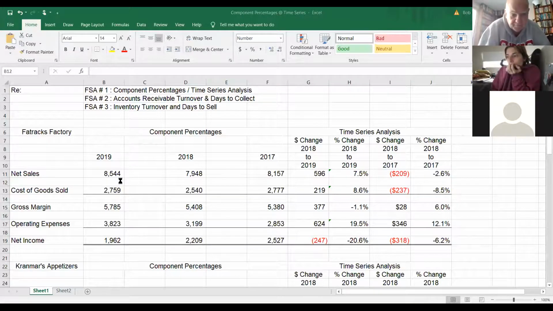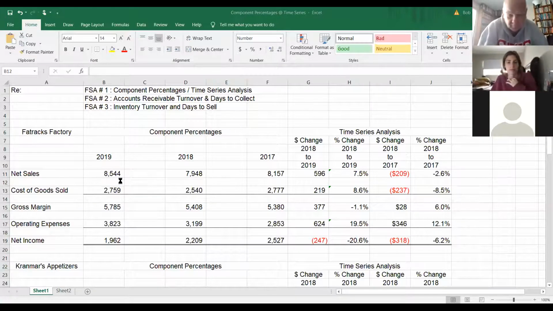Can you read the numbers? Yeah. I can make it bigger? No, yeah, I can read it. Okay. Well, you can. I can't, but okay. But you're the one who has to read it.